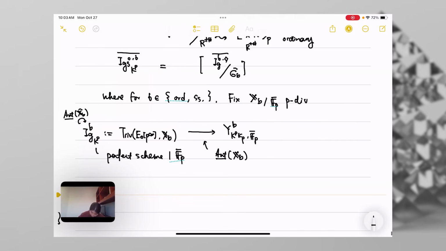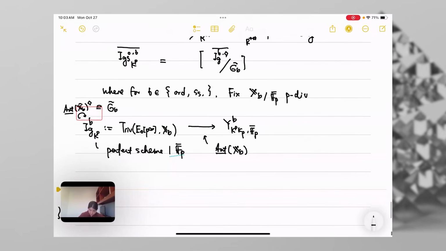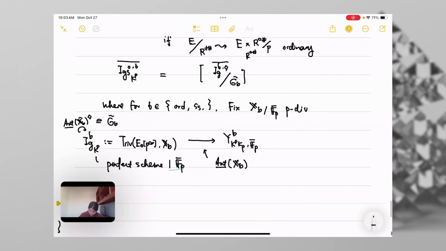And in fact, if you take the diamond attached to this thing, it is isomorphic to this G_b tilde. So there you get the description of the Igusa stack above, which also explains why we name this object Igusa stack, because it interpolates Igusa varieties across the Newton stratification.